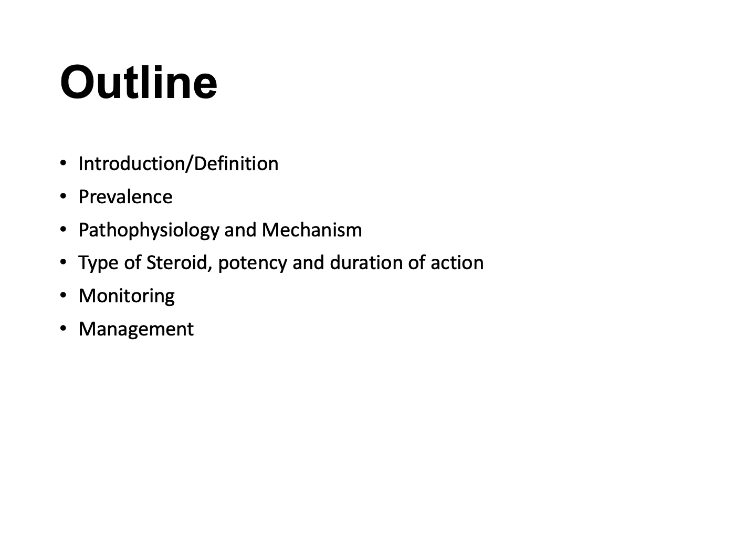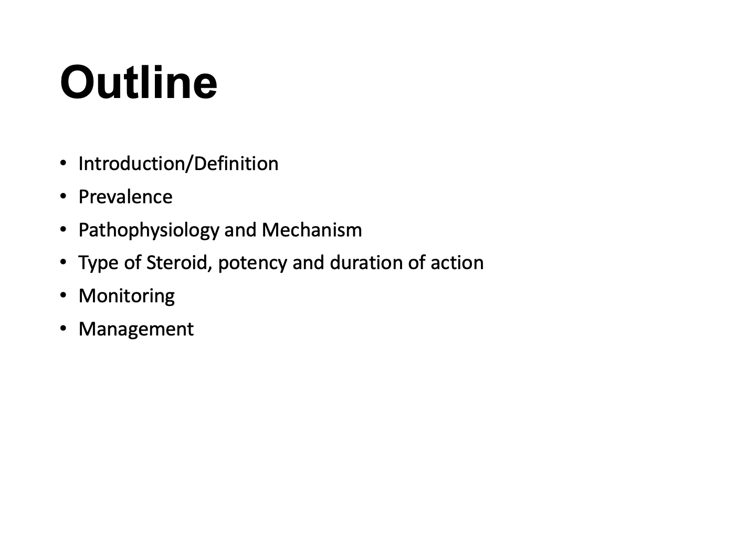Next is pathophysiology and mechanism. The next is quite important: the types of steroids, especially their glucocorticoid potency and duration of action. Next is how do we monitor the blood sugar of a patient on steroids, and then management.